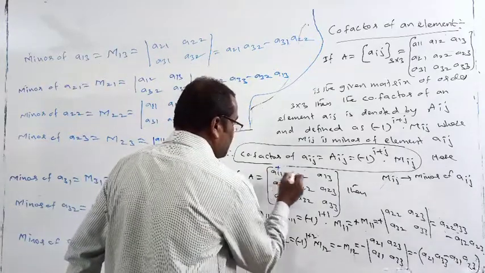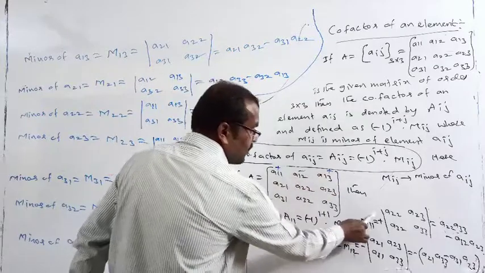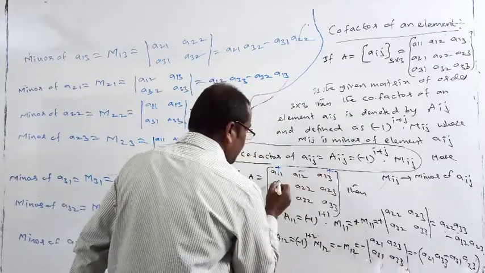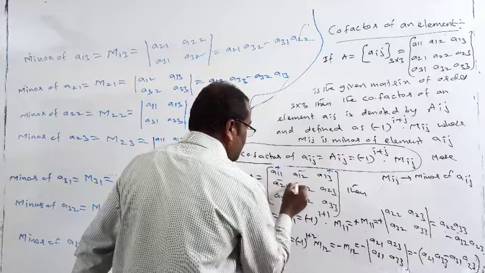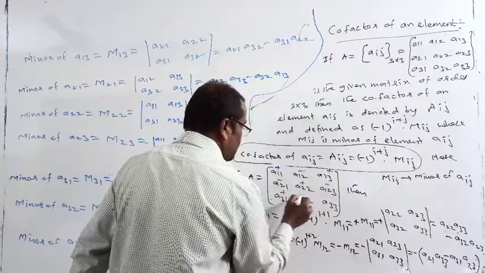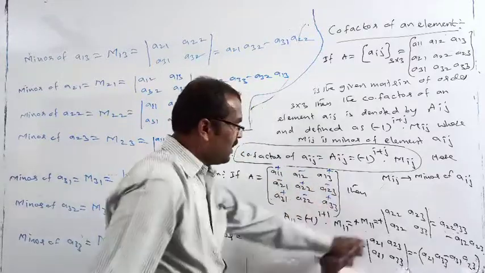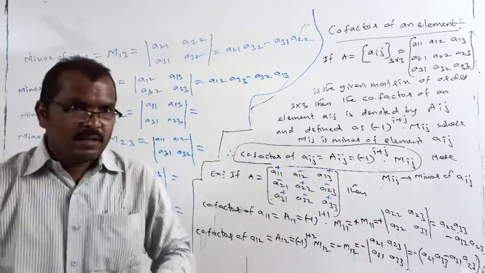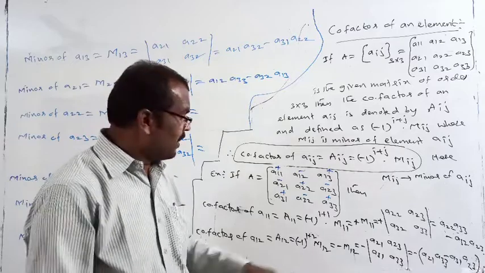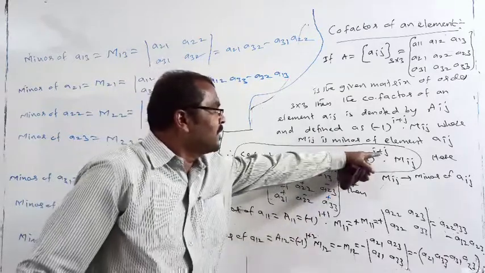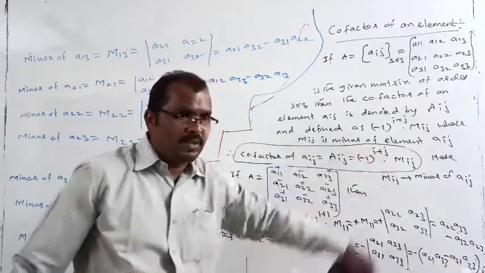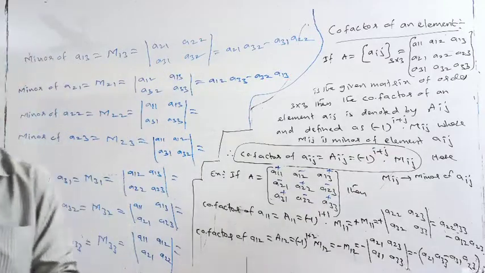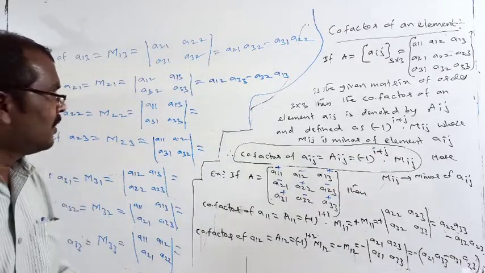See this one, it is plus, minus, plus. Then minus, plus, and plus comes. Why? Because of odd number and even number in the power. Here 1 plus 2, 1 plus 1, 2 plus 2, like that. Odd power and even power for minus 1.